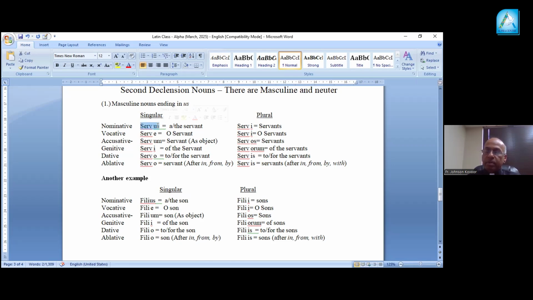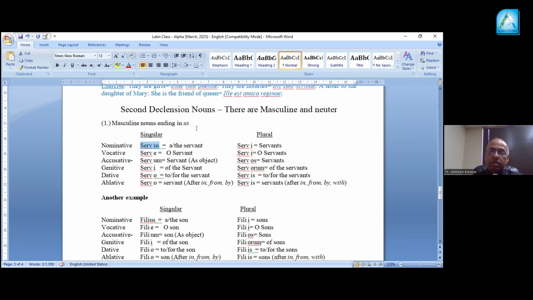Nominative is the name as such, or the noun as such, without any change, without any declension. Servus. Now, in the second declension, the vocative has a difference: serve. In the first declension, nominative and vocative were the same, but here it is not like that. Rosa, rosa, rosa, rosam, rosae, rosis. Stella, stella, stellam, stellae, stellis.